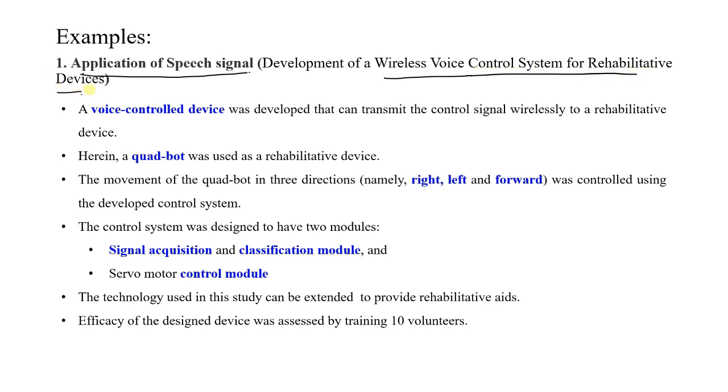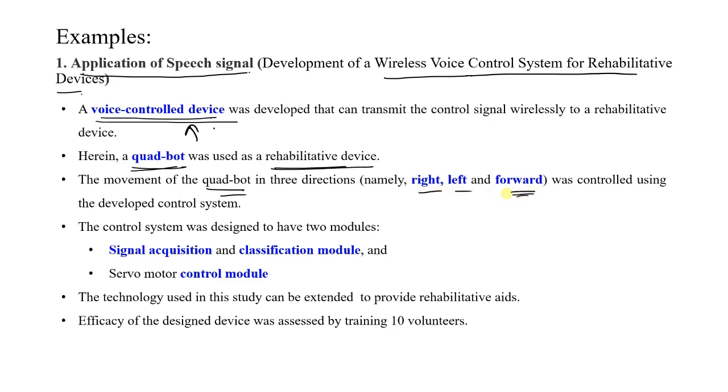What he did is that he developed a voice control device wherein a quad bot has been used as the representative rehabilitative device. Using this voice control system, he was trying to control the movement of the quad bot, say in the right, left, and forward direction.